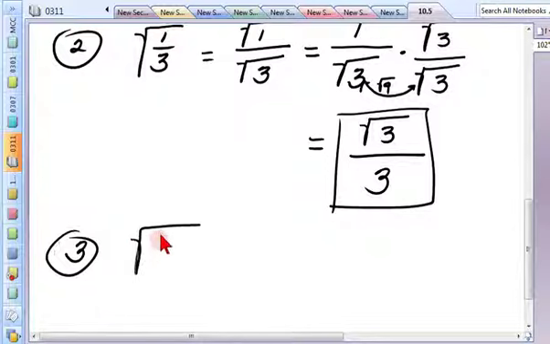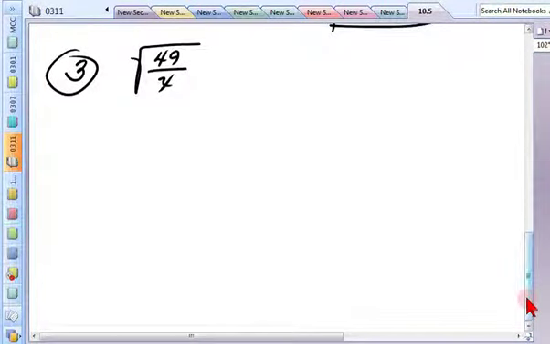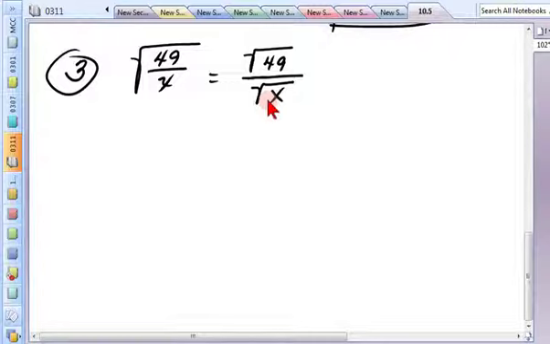I have the square root of 49 over x under all into a fraction. All right, I'm going to change it to the square root of 49 over the square root of x. And can you simplify any part of that? Yeah, the square root of 49 is 7. So that's 7 over the square root of x.